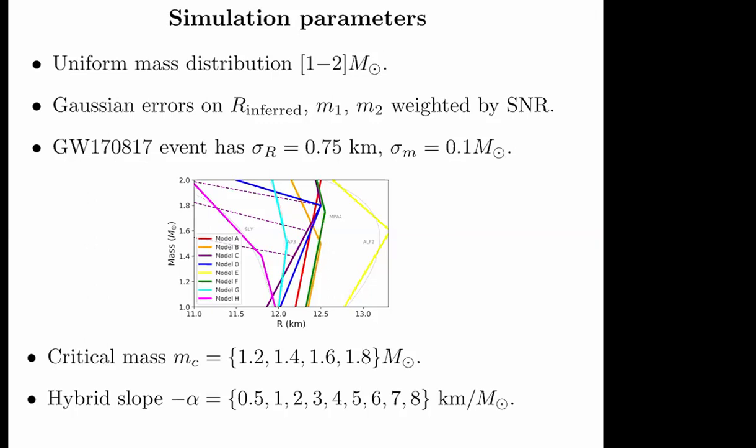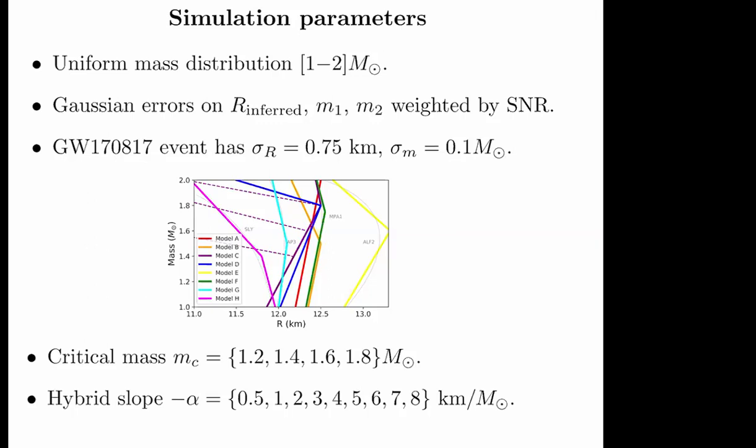Events that have less signal to noise will have errors that are significantly larger than this event, which was probably the most pristine event you could imagine seeing. We'll look at a whole bunch of piecewise linear MR curves.